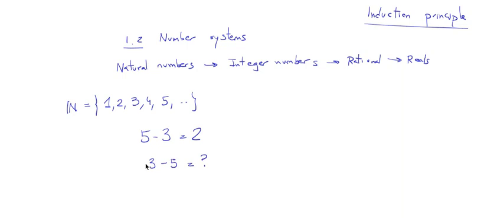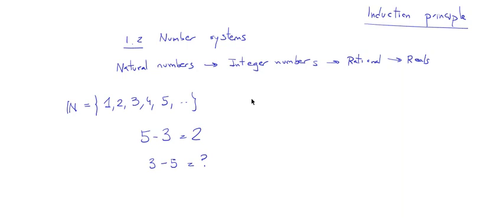There is no natural number that is a solution of this equation, right? You could say, well, minus 2, but minus 2 is not a natural number. If you think about the numbers that we use for counting, if I have 3 apples and then someone takes 5 apples from me, well, you don't have a solution for that.